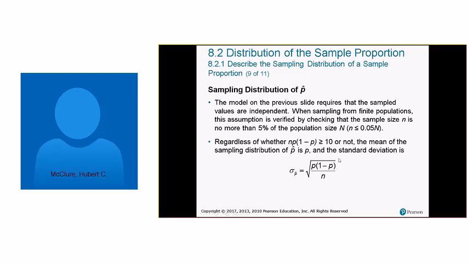You got that formula written down? 3 formulas. Yes, sir. Okay, make sure you say big N, little n has to be less than 5% of big N. npq greater than or equal to 10. And then the standard deviation of p hat is equal to the square root of pq over n.